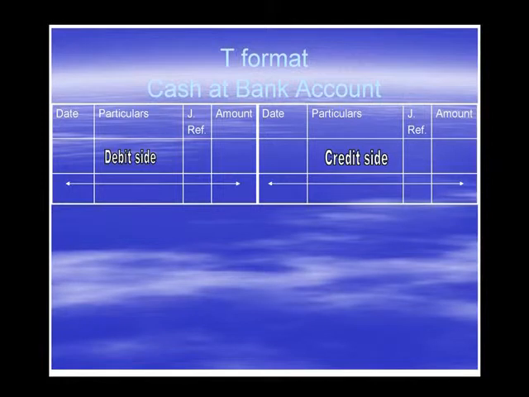But on top of it, I put something here: T format. T capital. So if you ignore the other columns and think about the main line and also the division, it is like the English letter T. Therefore, people call it a T account.